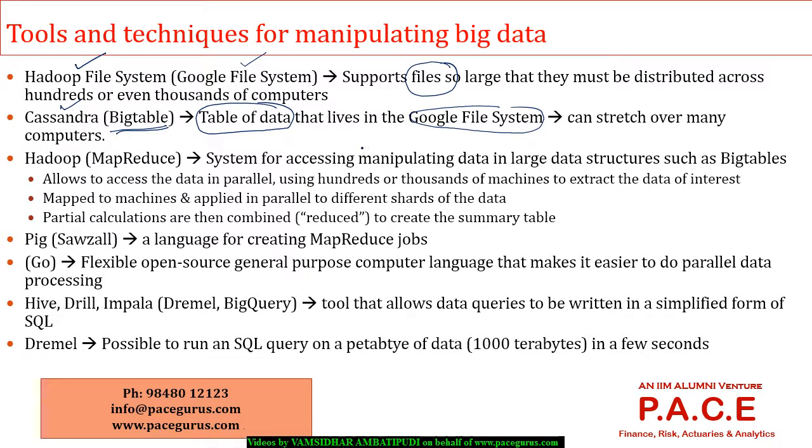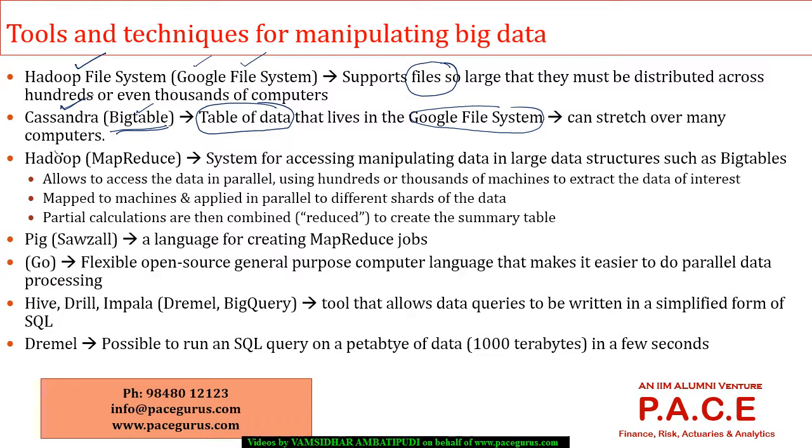When I talk about creating tables in this entire Hadoop file system, Bigtable is used to create tables of the entire data in the Google file system, whereas Cassandra is a kind of database that lies in the Hadoop file system. Again, the data is distributed across multiple computers so that data access and retrieval can happen in parallel. That is the kind of flexibility that we get with the Cassandra database.